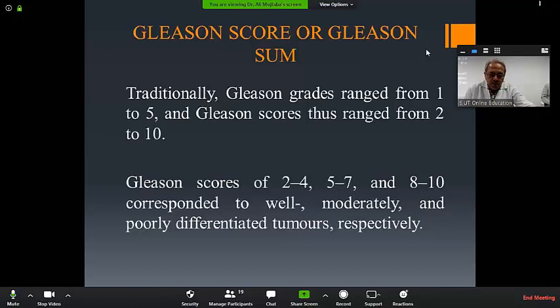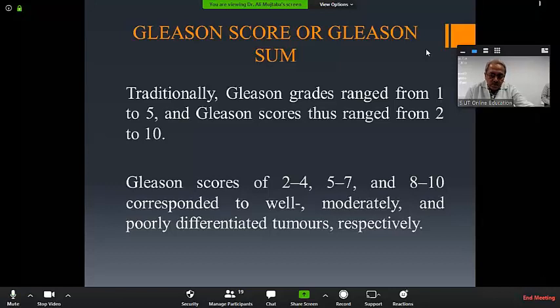These scores, Gleason score 2 to 4, 5 to 7, 8 to 10, this is known as Gleason grade grouping, GGG, right? And this has its own practical implication whenever you do some therapeutic workup.